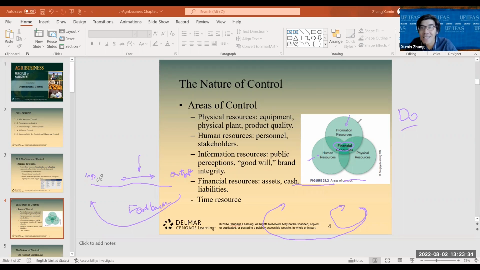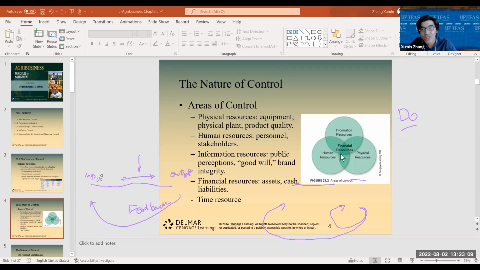Information resource, IT, IM, right? And the physical resource, operation. The central part is money, the financial resource, the financial capital. And this is why a CFO will become the CEO. Why? They control the financial resource. Using this diagram, you understand why, right? Why the CFO more likely becomes the CEO.